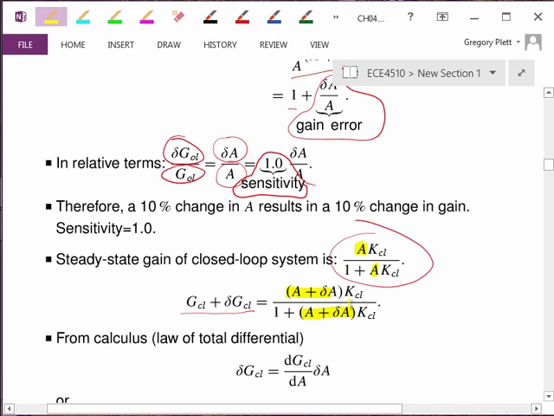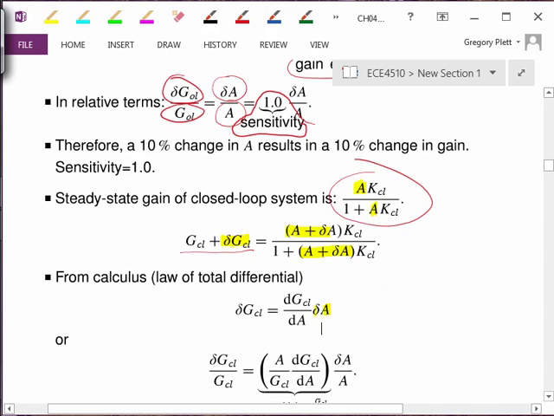Now, we can then use calculus to figure out what the little delta gain is in terms of the delta A, and by the law of the total differential, the partial change is equal to the total differential times the partial change.